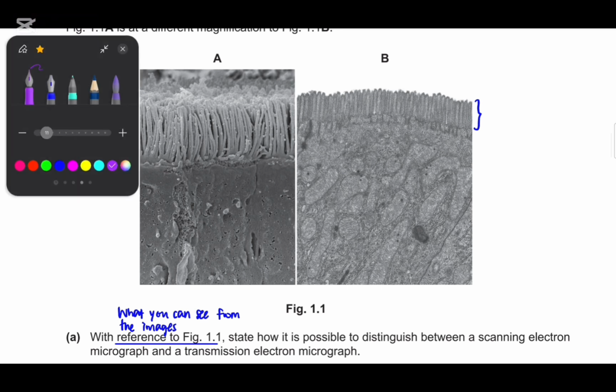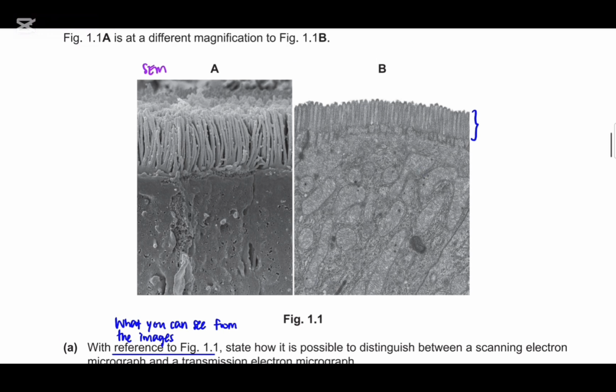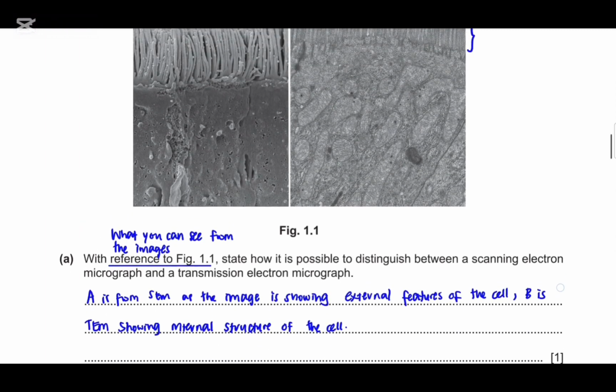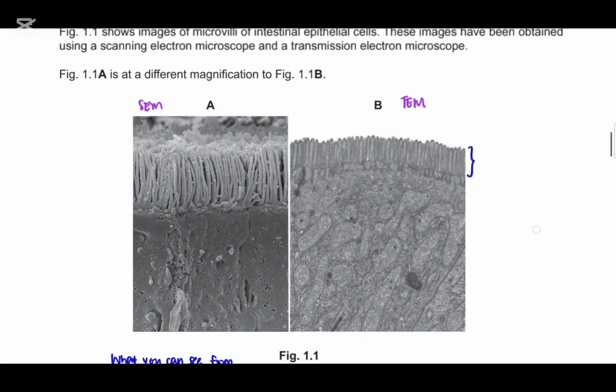I'm just going to write that down. On the right is the micrograph from the transmission electron microscope. A is from the scanning electron microscope because the image is showing external features, and B is showing the internal structures of the cell. That's one of them.